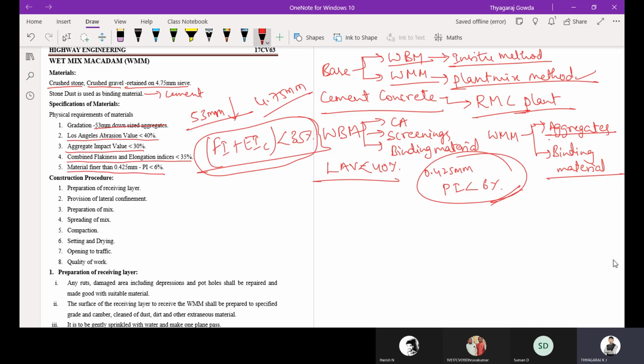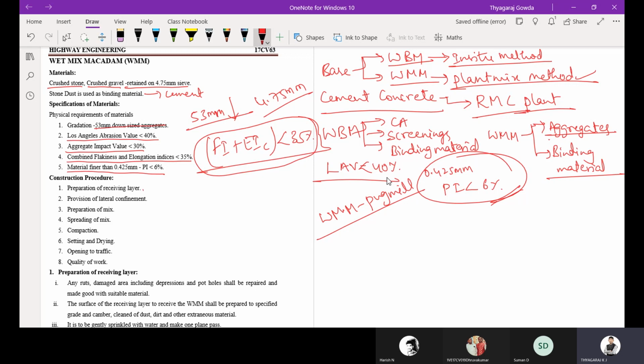The plant where we produce this wet mix is a pug mill. Remember this one, in competitive exams they may ask it. Wet mix macadam is prepared in a pug mill. Similar to the RMC plant, you simply bring the wet mix macadam to the site, place it, and compact it.